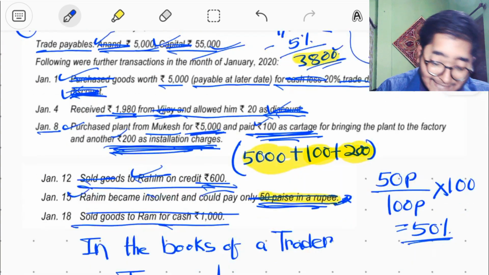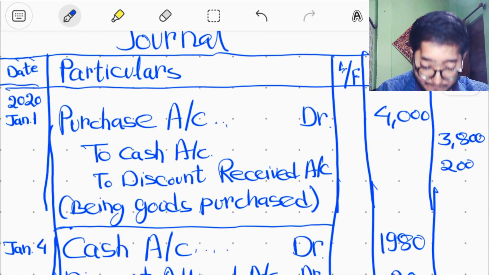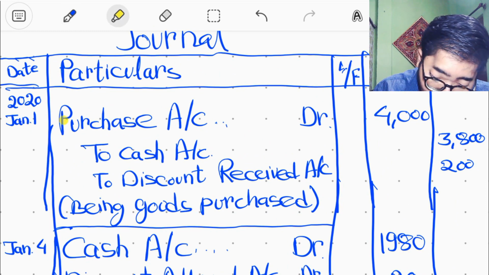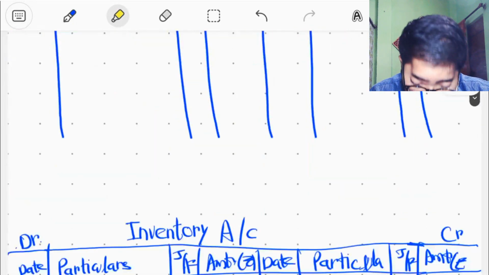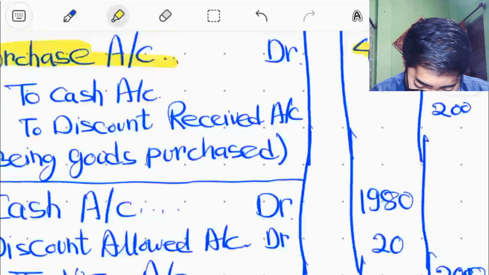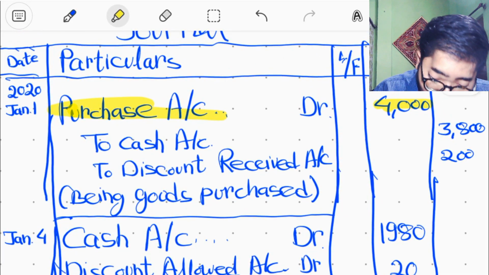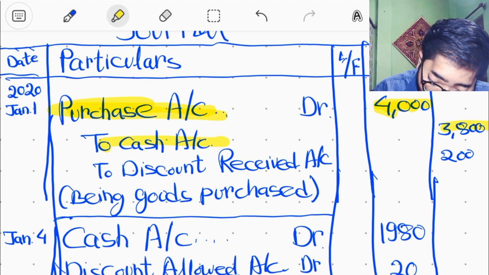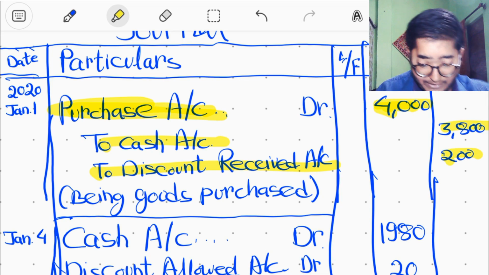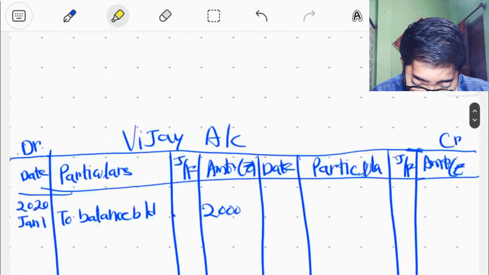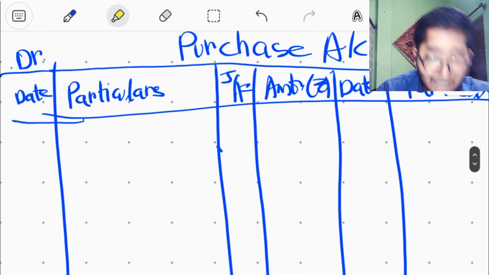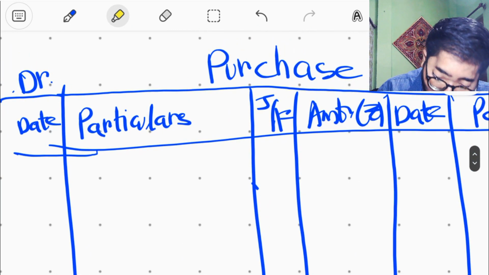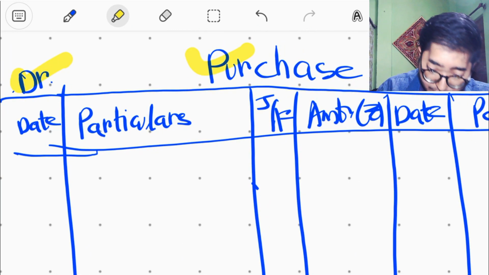Now let us start with the ledger posting. Our first entry is purchase account debit rupees 4,000. What is the entry? Purchase account debit rupees 4,000 to cash account 3,800 and to discount received account 200. So let us come to the purchase account. Purchase account debit.